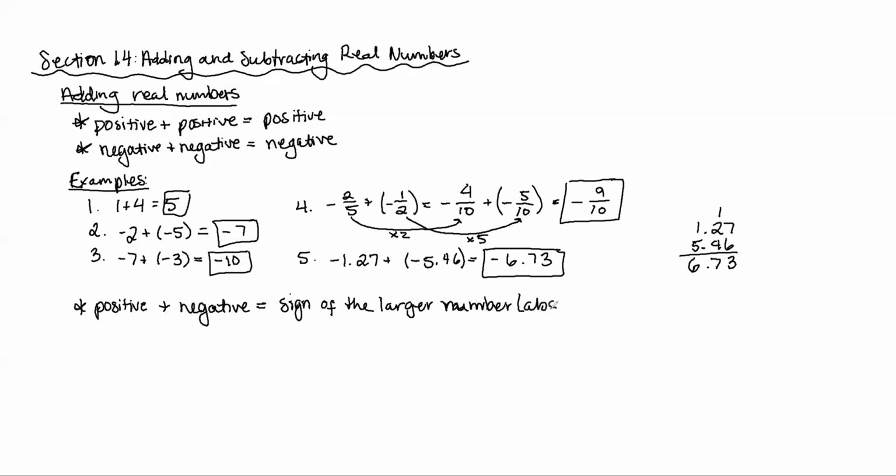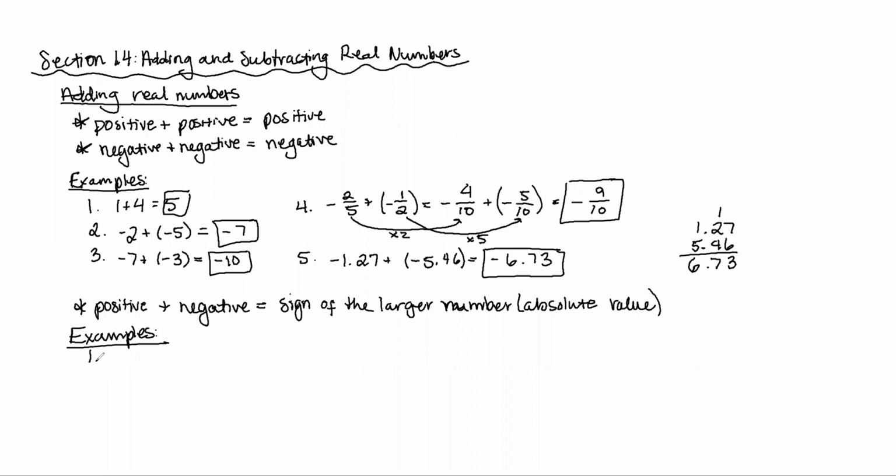And we have to say absolute value because technically the larger number is always going to be the positive one, but we want the larger absolute value. Which one's further away from 0? So some examples of this.